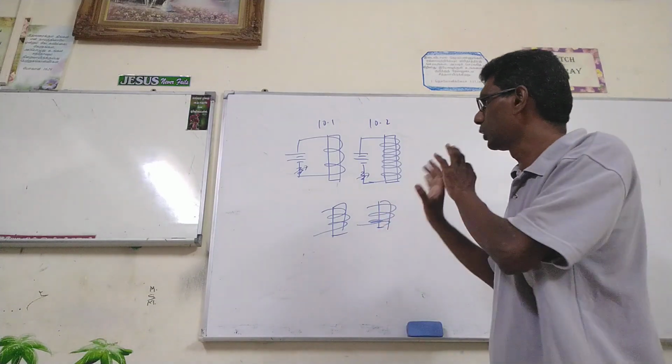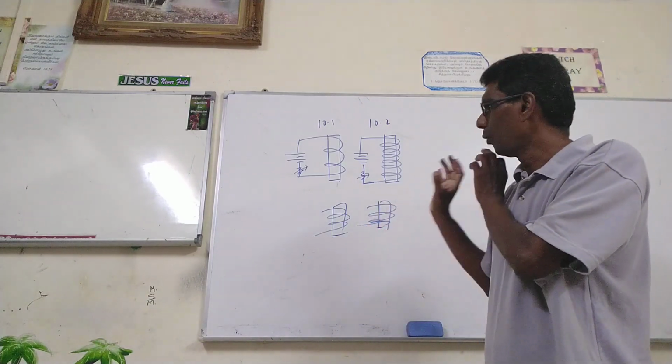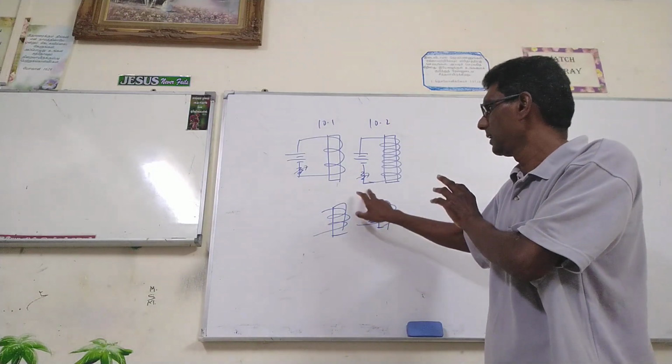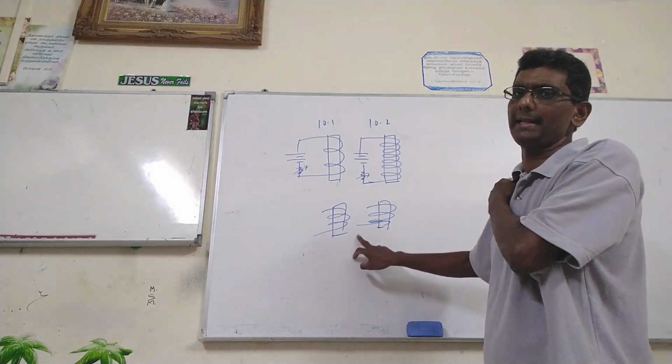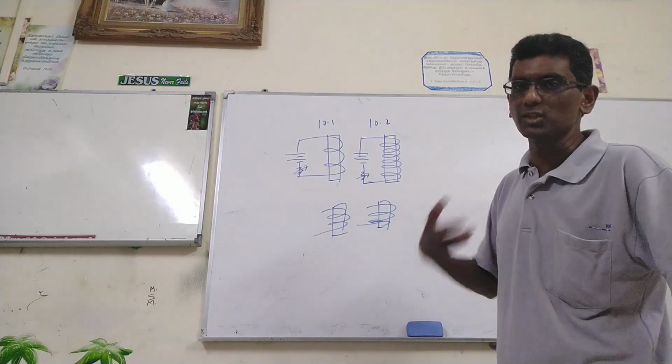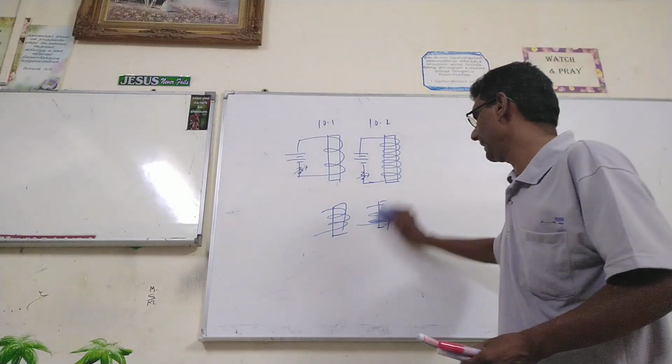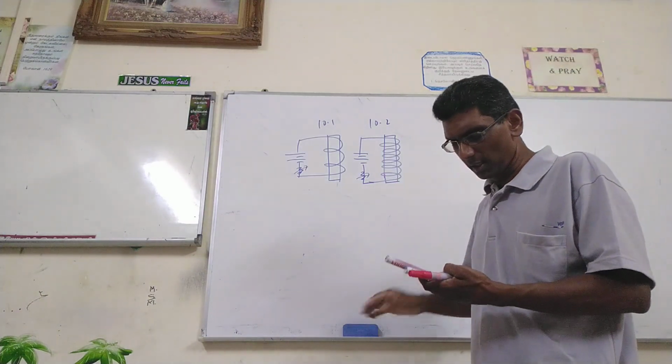So there are two factors here. One is the number of turns, another is the magnitude of the current. These determine the strength of the electromagnet.